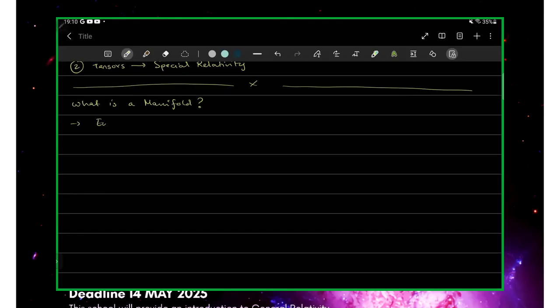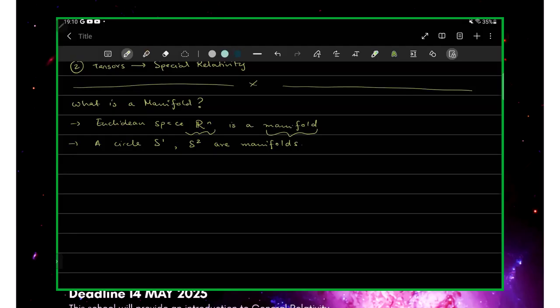Euclidean space, which we write as Rn, is an example of a manifold, where all the points in Rn define all the points in the manifold we're talking about. Also, a circle, let's say S1, which is a unit circle, and let's say a sphere, S2, are also manifolds.